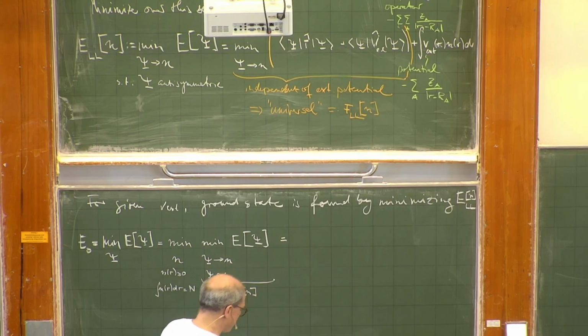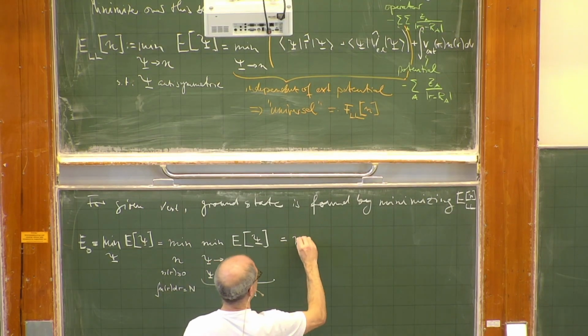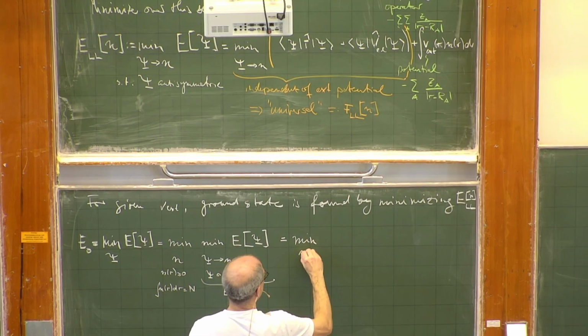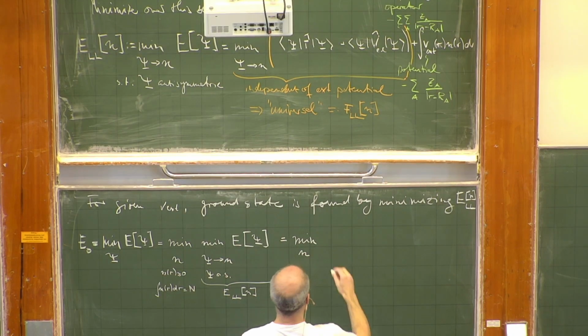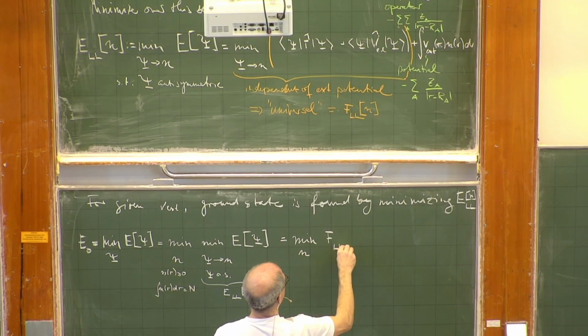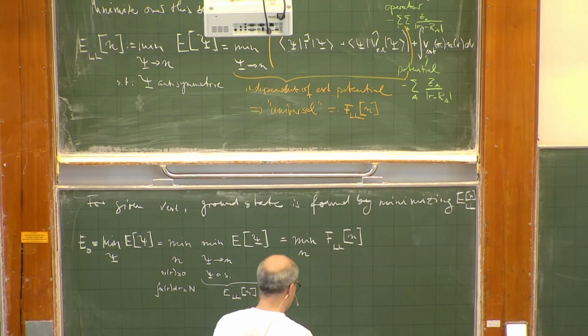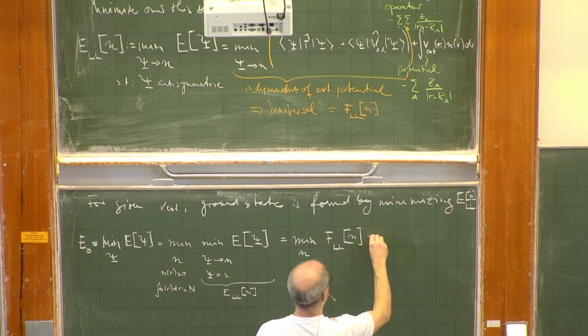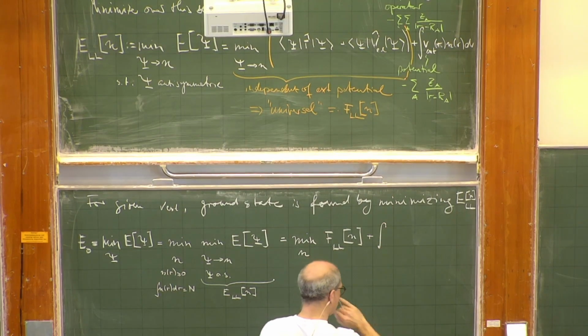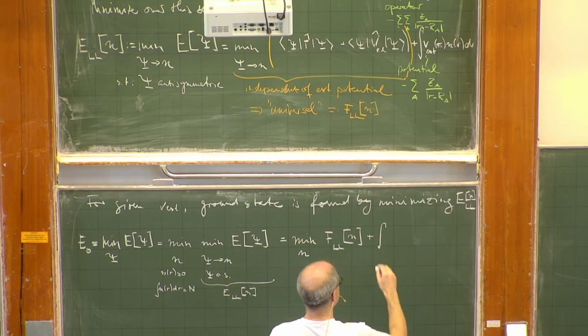And so this minimization, again, is equivalent to a minimization only over n of this functional F, defined above, plus the energy associated with the external potential.